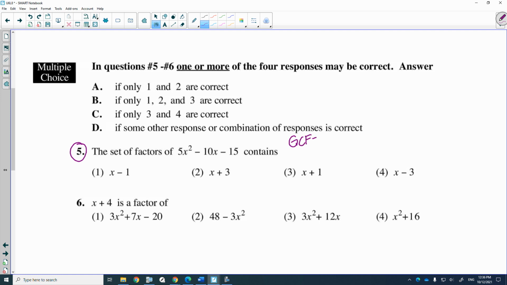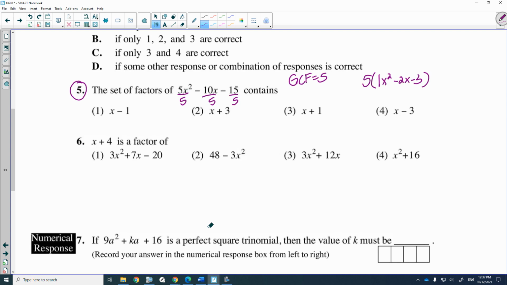Yep, GCF first, 5. And then you would get 1x squared minus 2x minus 3. From here, it would be an inspection or PSA 1 question. And then number 6 is good as well.